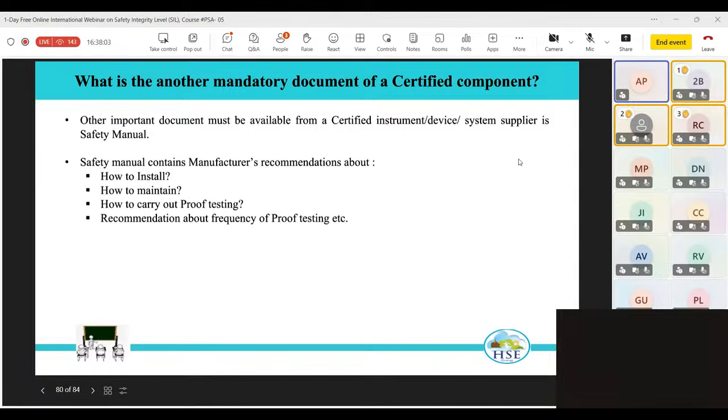The safety manual also needs to be prepared by the device manufacturer, covering things like how to install and how to do proof testing. Proof testing is again something very important. We cover it in detail. Proof testing is also a big topic, so we will explain it in our detailed course.